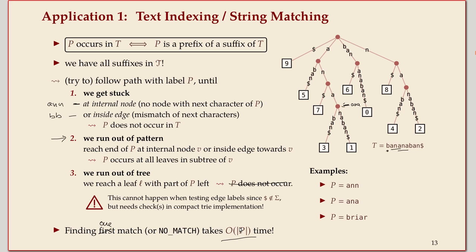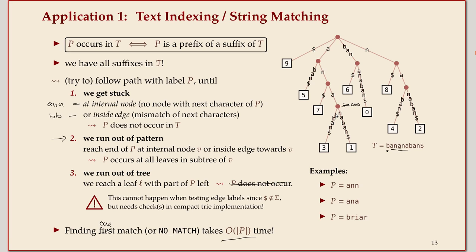So once again, we can do the string matching problem, but from the text indexing perspective. If the text is given and fixed, we can construct our suffix tree once, and then for a pattern that we're given, we can walk down the tree along the pattern and find out where it occurs in the text or that it doesn't occur. Okay?